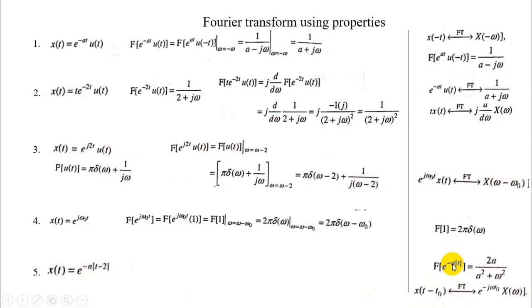We know the Fourier transform of that, but as the problem is given with time shifting, where t is replaced by t minus 2, this term would be multiplied by e to the power minus j omega t naught. So that is the final answer, and in this fashion we can simply shorten our calculation.